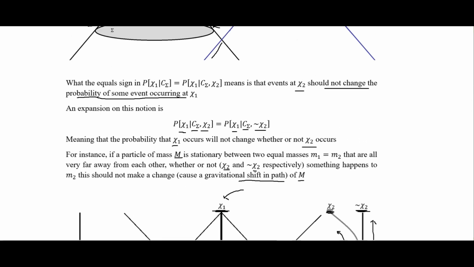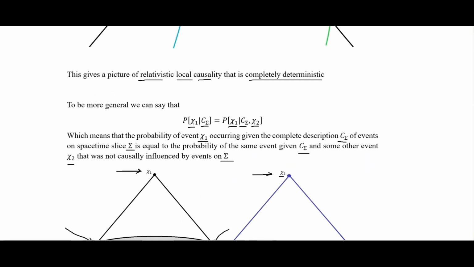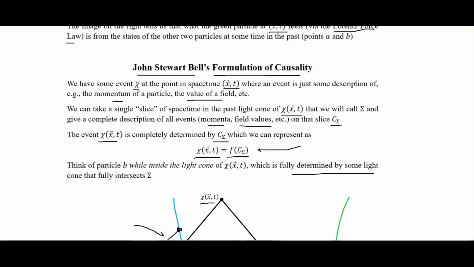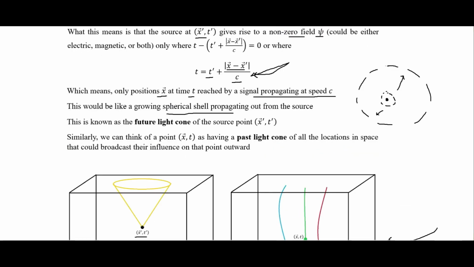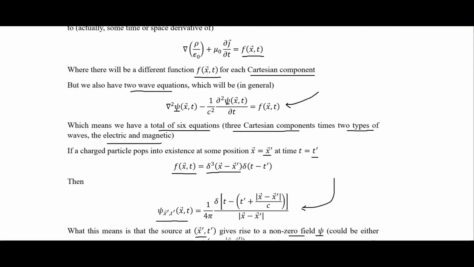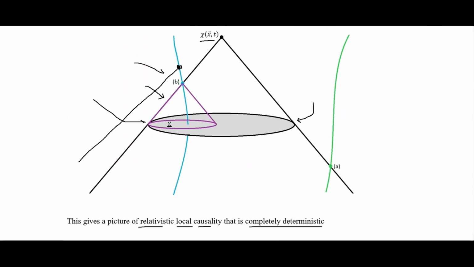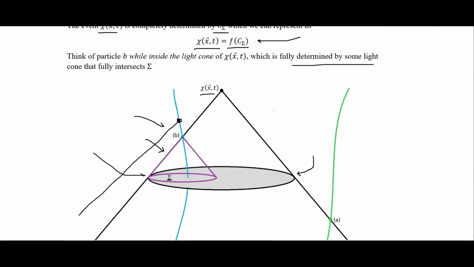But anyway, that is the general description of causality given by John Stuart Bell. And so causality being relativistic and deterministic. And remember, we're looking at whether this is relativistic and deterministic. So relativistic just means that the speed of causality is the speed of light.